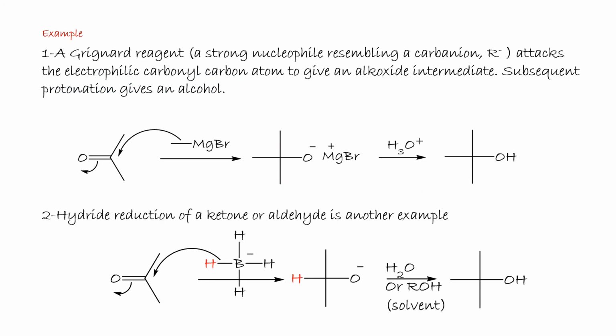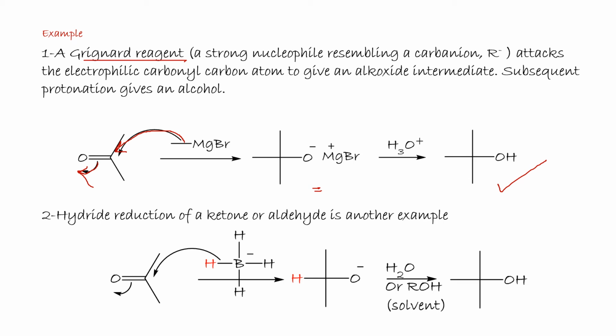Examples, we have already covered the Grignard reaction. When the Grignard reagent as a strong nucleophile attacks the carbonyl, this CH3 takes 2 electrons and moves toward the partially positive carbon, giving a salt. Upon hydrolysis it gives alcohol.